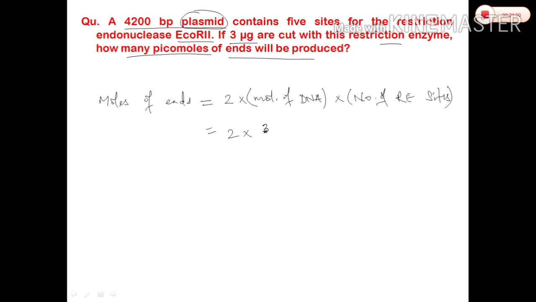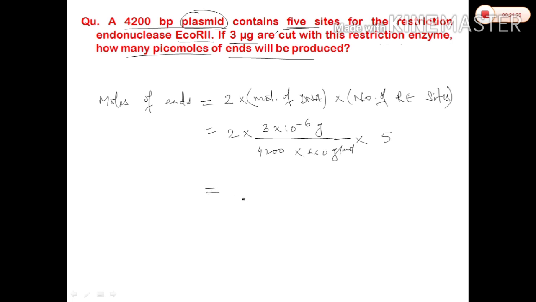Now, how can we calculate the moles of DNA? Weight is given as 3 micrograms, so 3 into 10 raised to the power minus 6 gram divided by the molecular weight, 4200 into 660 gram per mole, into the number of restriction sites, which is 5. So 5 restriction sites are there.